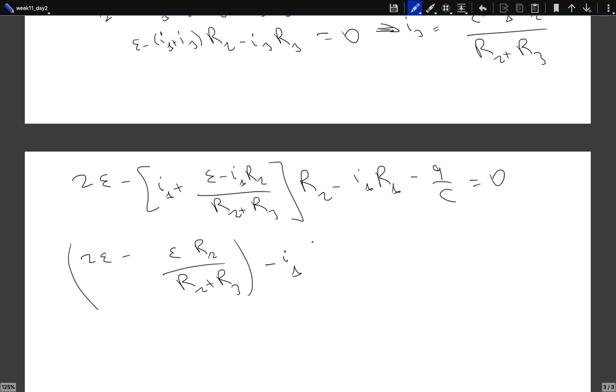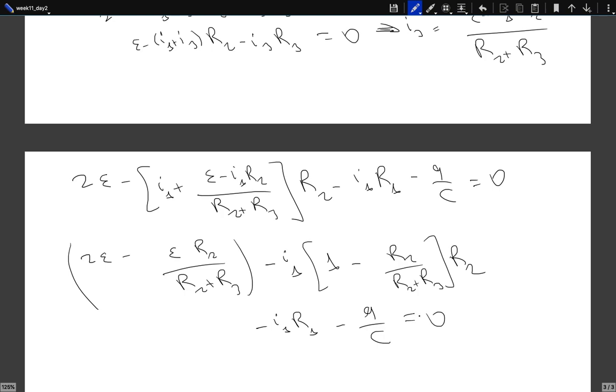Minus I1 times 1 plus 1 minus R2 over R2 plus R3 times R2. That is this term and this term. And then I have minus I1 R1. Then minus Q over C, this is equal to 0.